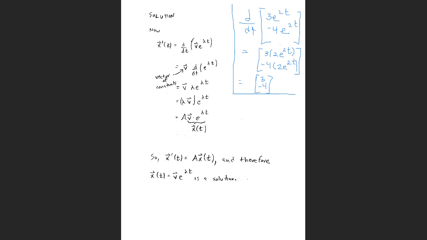I'm trying to justify this part of the proof where we pull out that vector v.